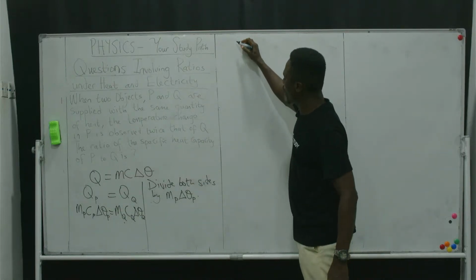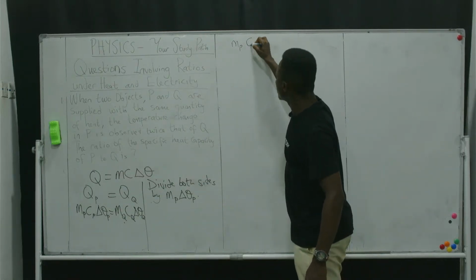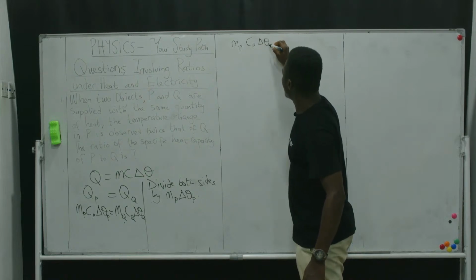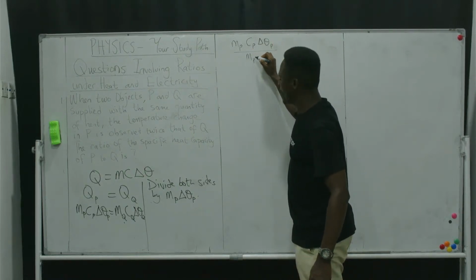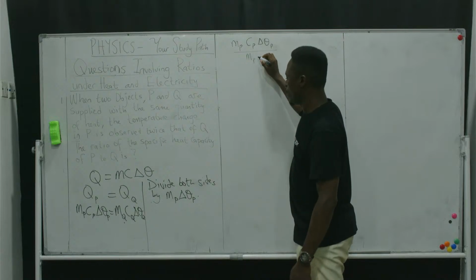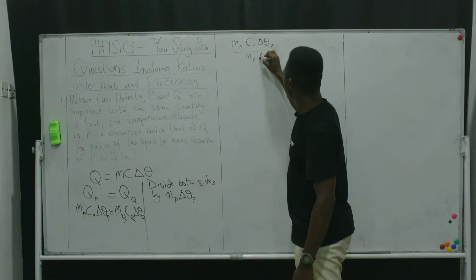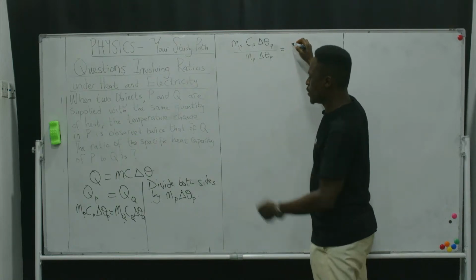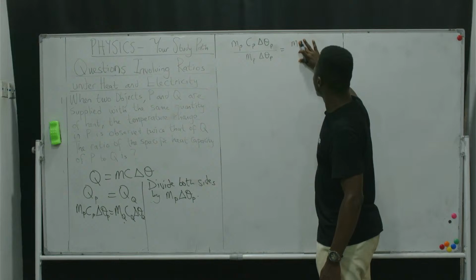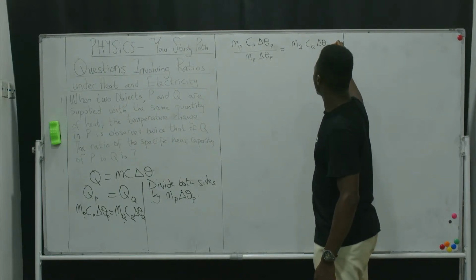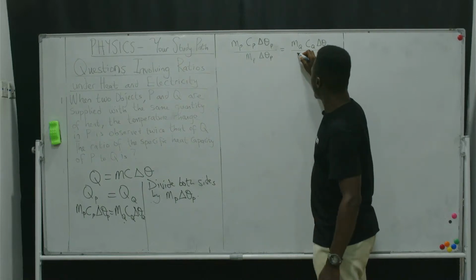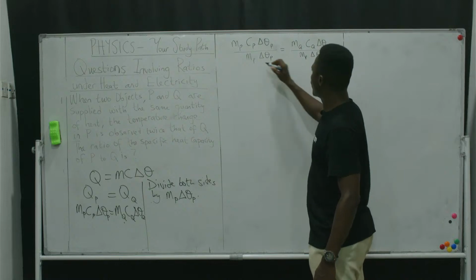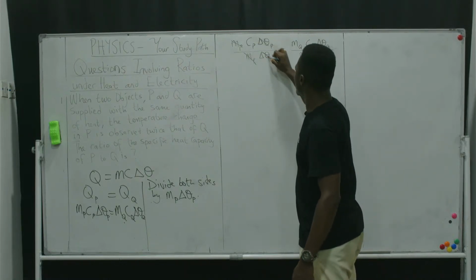Let's divide by this first so that we don't mix things up too much. When we do that, MP CP change in theta P will be over MP change in theta P, being equal to the other side, MQ CQ change in theta Q over MP change in theta P. Over here, this cancels out, this cancels out.